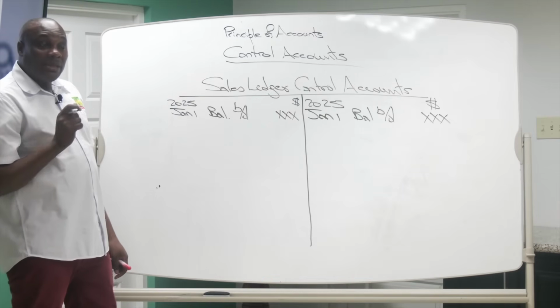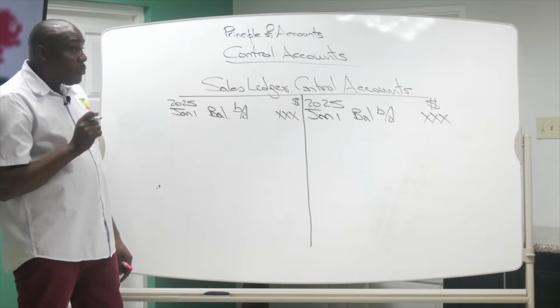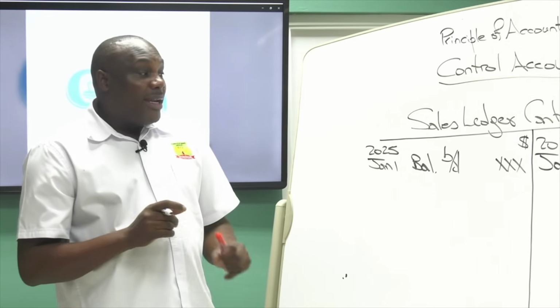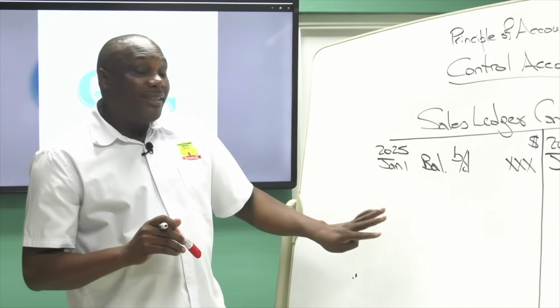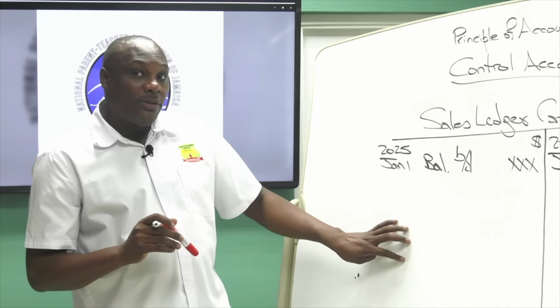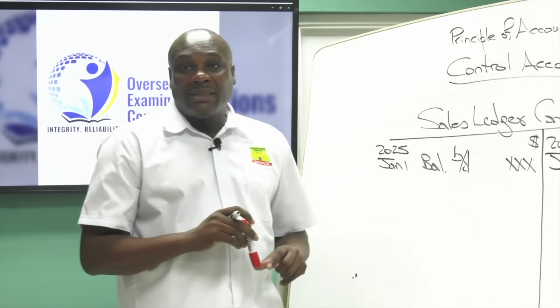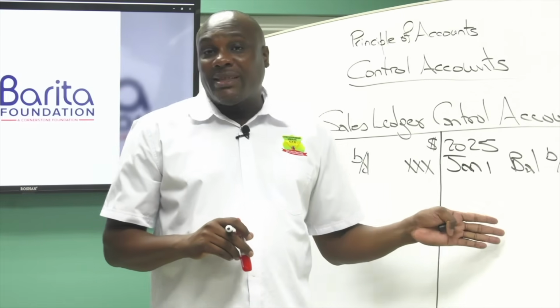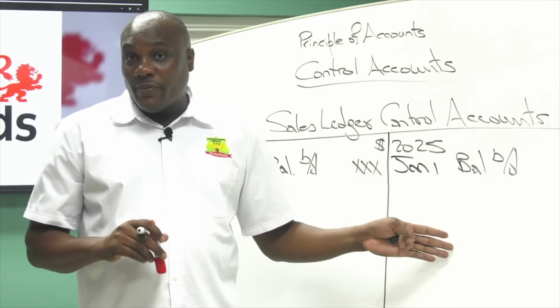Another thing that you must understand, remember the double entry ruling regarding debtors, which is an asset. An increasing asset is on the debit side, which is the left side of the T account, which is the ledger. A decreasing asset is recorded on the credit side, which is the right side of the ledger.